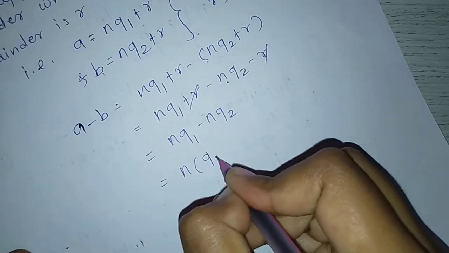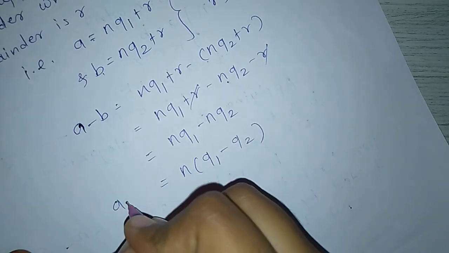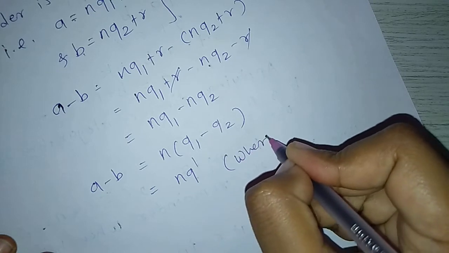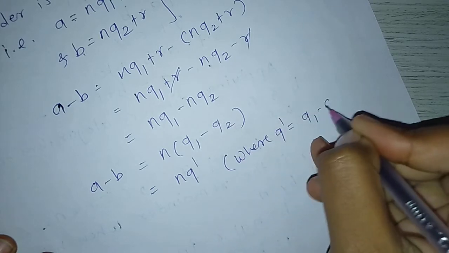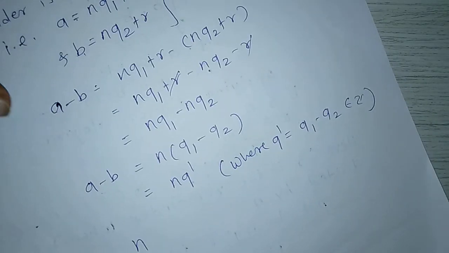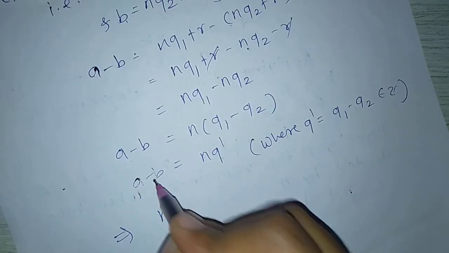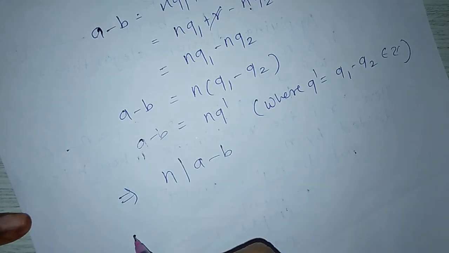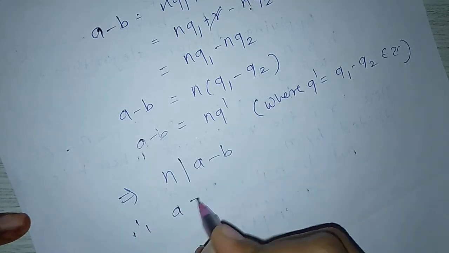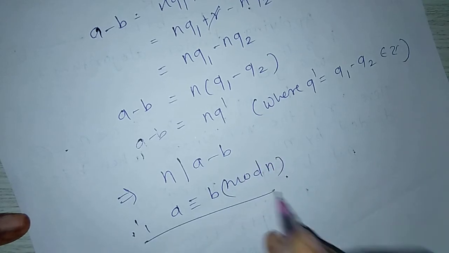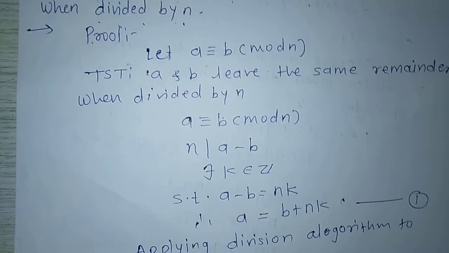Take n common: a minus b equals n into q1 minus q2, which is nq', where q' equals q1 minus q2 belongs to Z. This implies n divides a minus b, which implies n divides a minus b. Therefore a is congruent to b modulo n. Proof of this theorem.